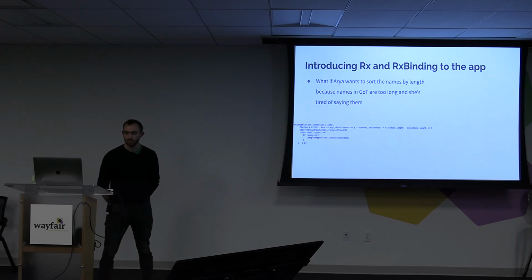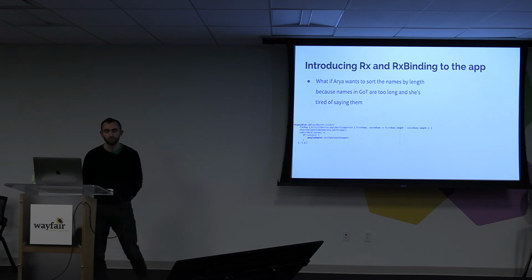We can do a similar thing with RxBinding, where we can subscribe to click events on this sort button. Here we're going to pass in a comparator, which just compares the length of characters' names, and we're going to apply it to the service. Once again, if it's successful, we're going to update the adapter. If it's not successful, in this case, we're just not going to do anything.